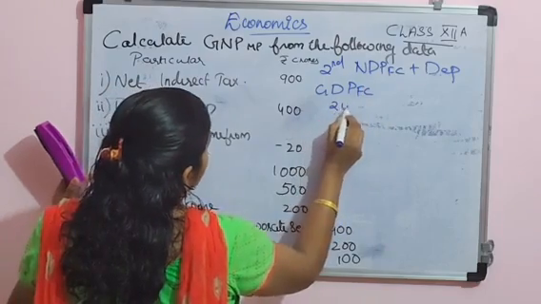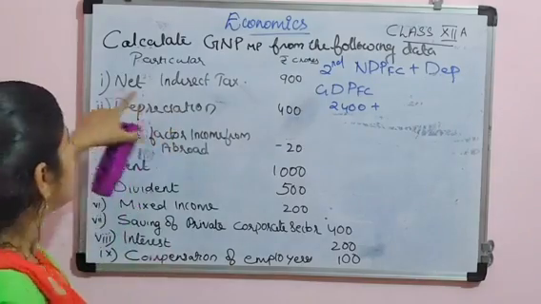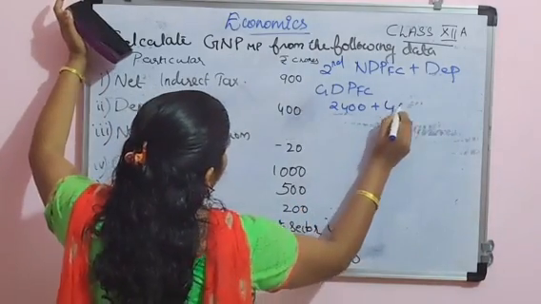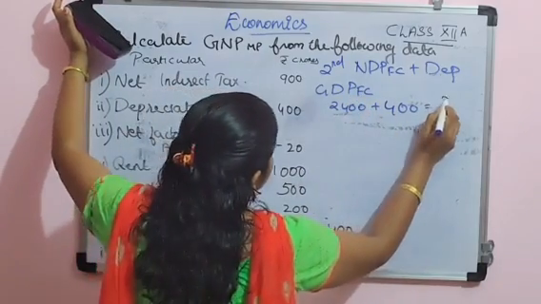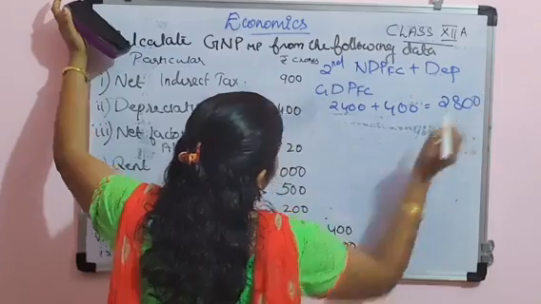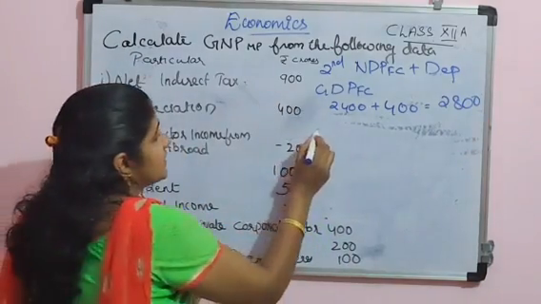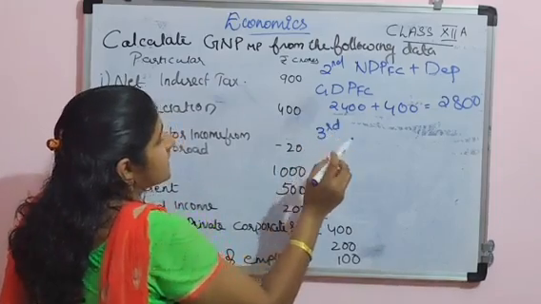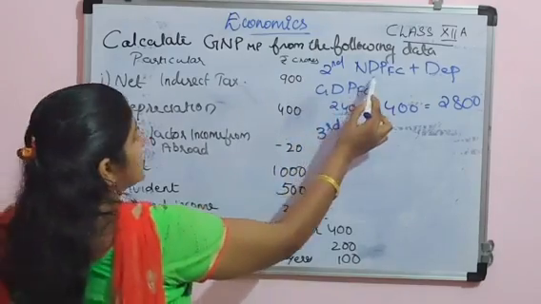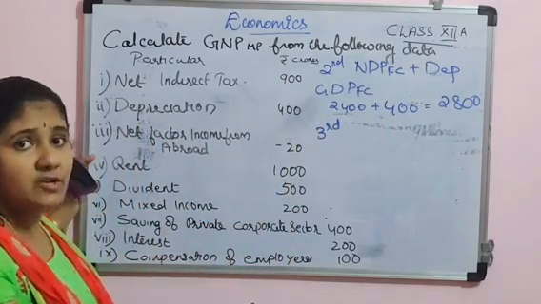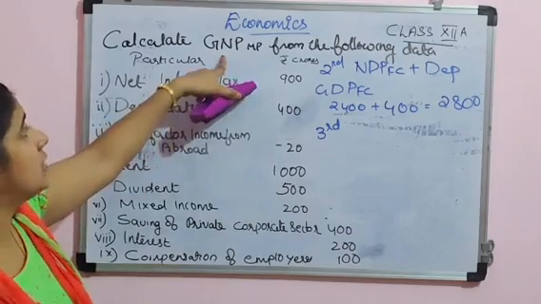What was NDPFC? NDPFC was 2400. Now what is the depreciation value? Here it is 400. So now GDPFC is 2800. Okay students, now the next is the third step. As the third step, we are going to convert this domestic product to the national product.